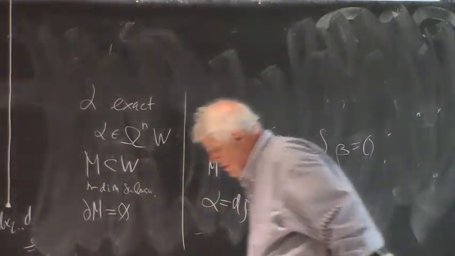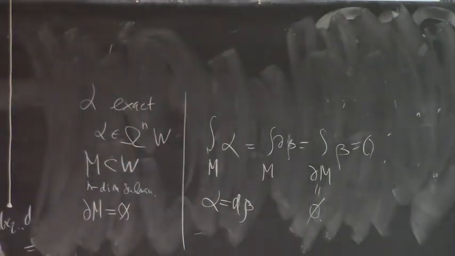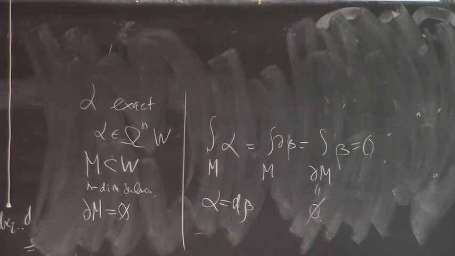So this is 0. This fact, again, it is very obvious, but the proof is obvious. So the integral of an exact form over any manifold without boundary is 0.